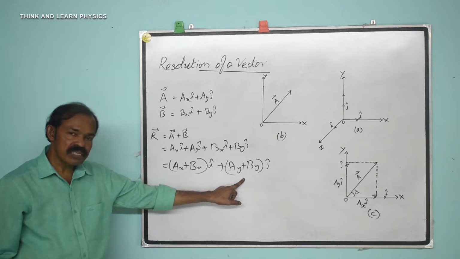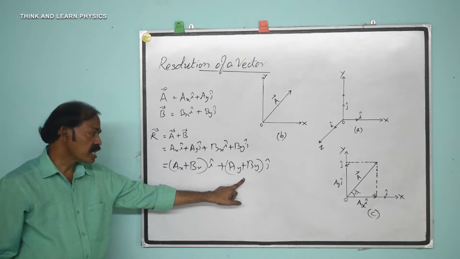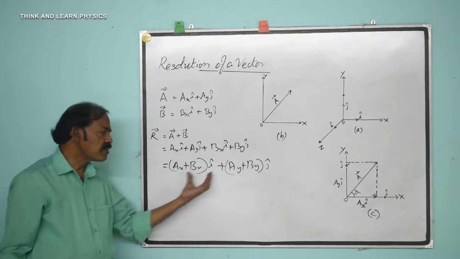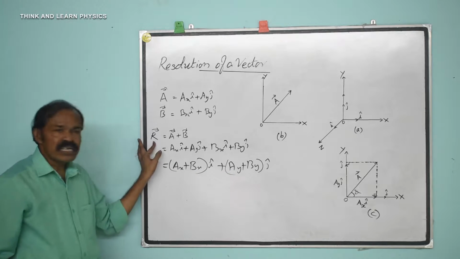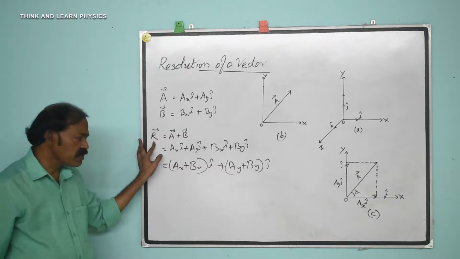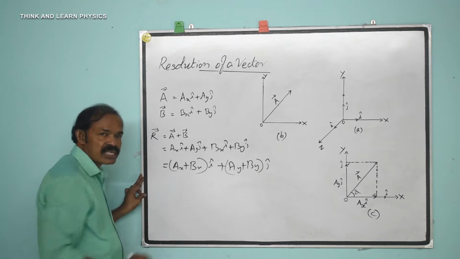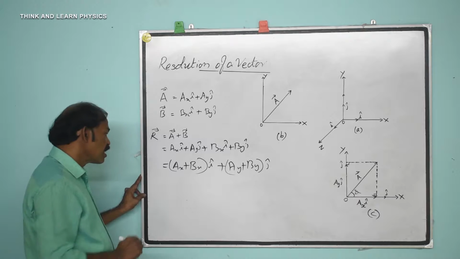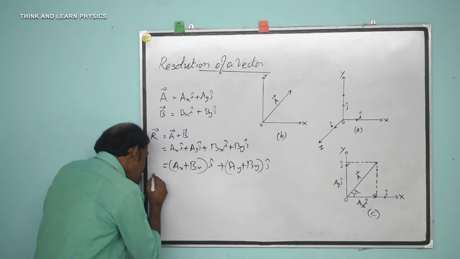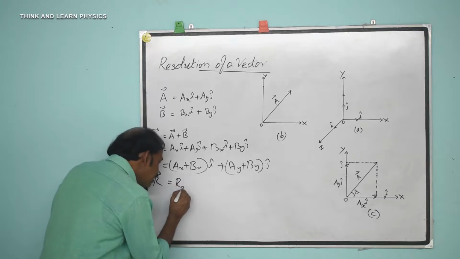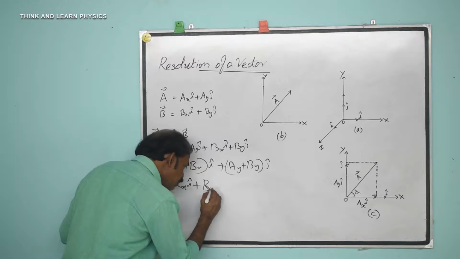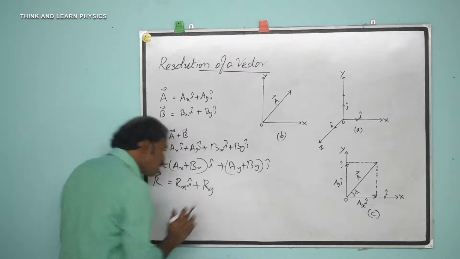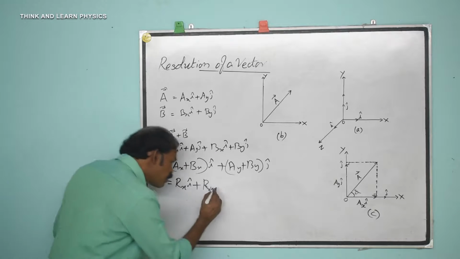The resultant vector, capital R vector, is expressed in terms of its rectangular components. We know that this resultant vector R vector can directly be expressed in terms of its components Rx and Ry, as R vector equals Rx into I cap plus Ry into j cap.